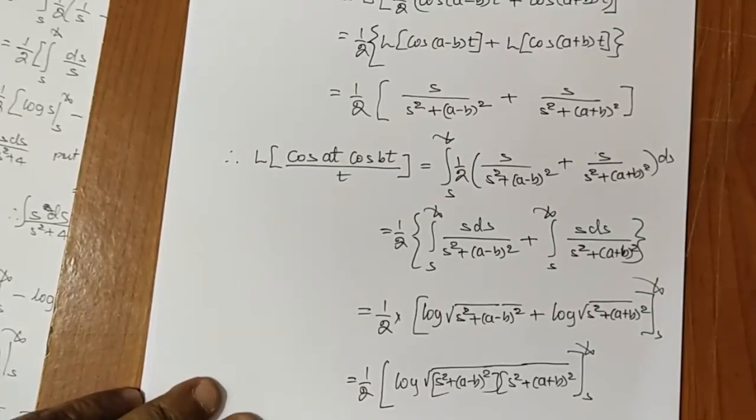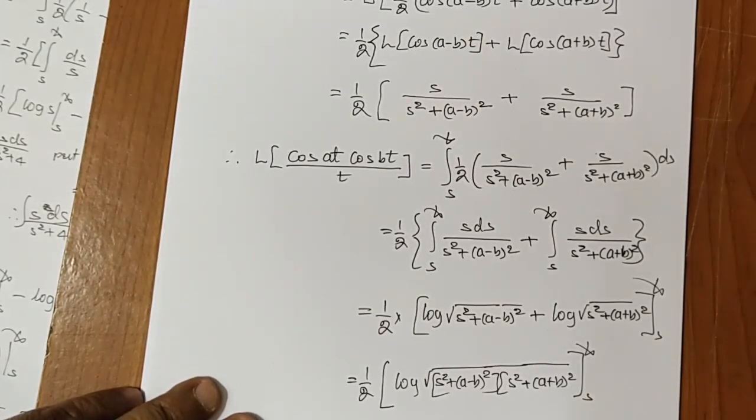So this will be half of the limit as s tends to infinity of log of square root of s squared plus (a minus b) whole squared into s squared plus (a plus b) whole squared. This gives me infinity, so I won't get the answer at all.